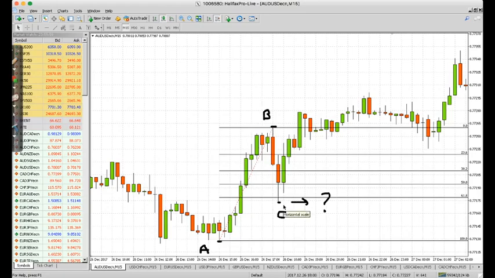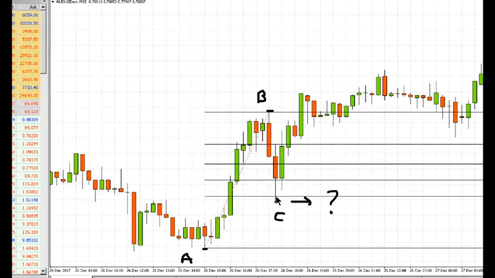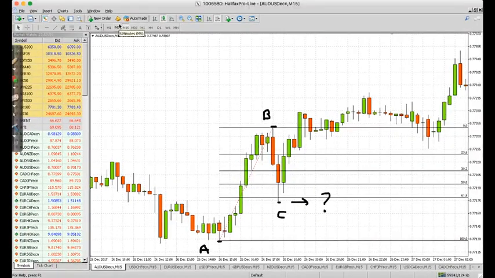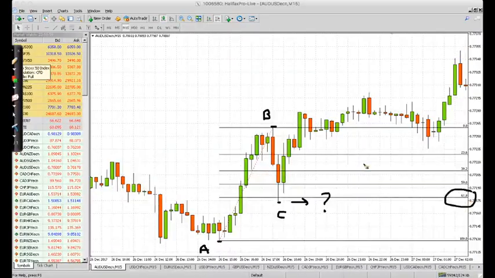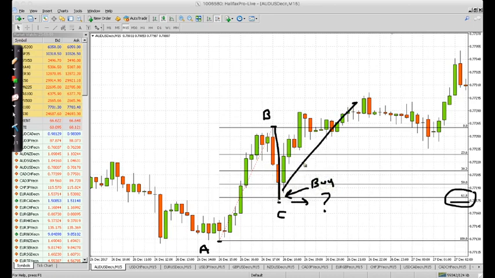You notice that miraculously, this C is at the 61.8% level. So this tells you that this retracement to C is exactly at the Fibonacci retracement level. This will give me confidence to buy right at that point to catch the next impulsive wave up. Can you see that? Okay, great.